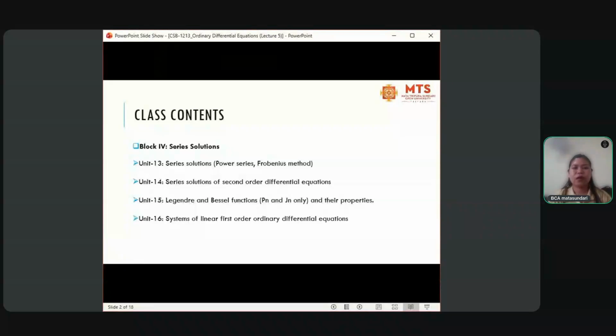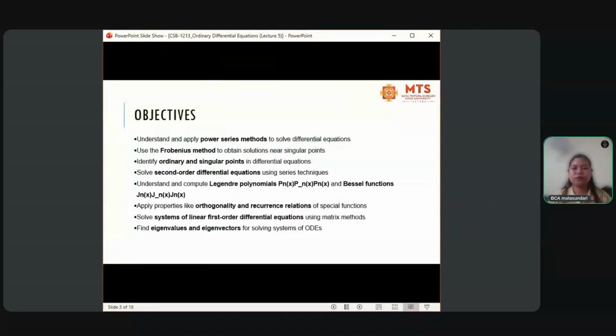Our objectives for this class will be understanding and applying the power series method to solve a differential equation. Use the Frobenius method to obtain a solution near a singular point. Identify ordinary and singular points in a differential equation.